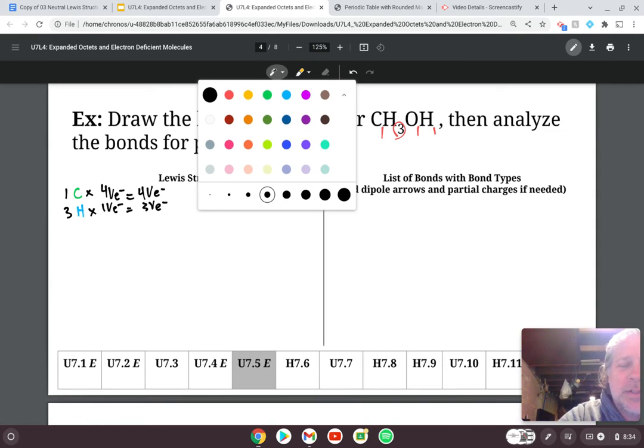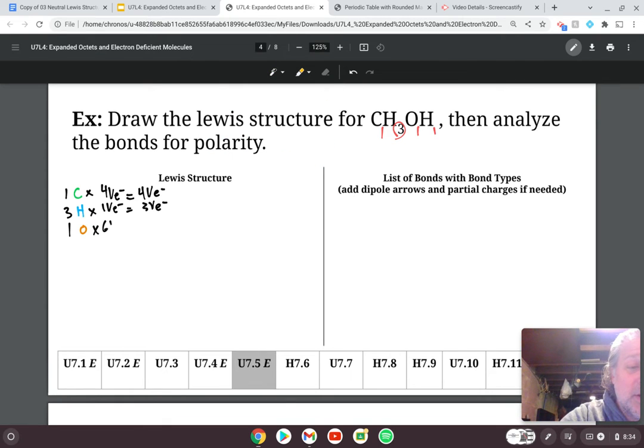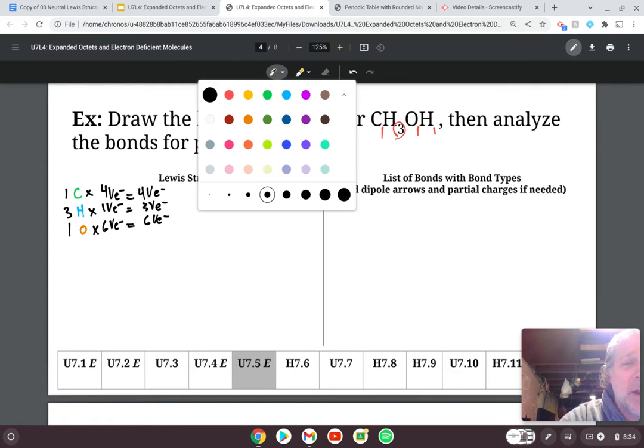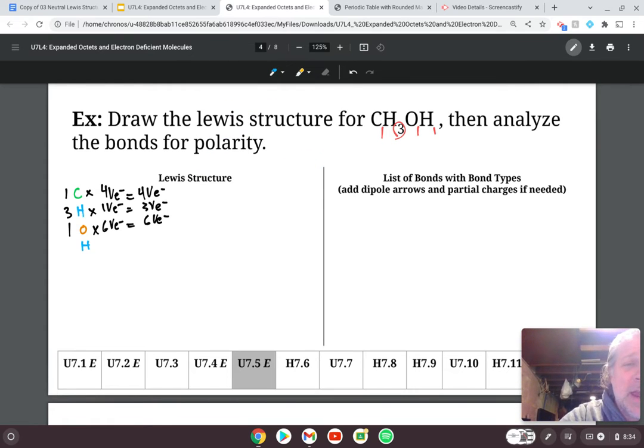I have 1 oxygen times 6 valence electrons for 6 valence electrons, and then I've got 1 more hydrogen. This one I am keeping separated, and I'm going to try to show why in a couple of moments. So now when I add all this together, 4 and 3 is 7, plus 6 is 13, plus 1 is 14 valence electrons.